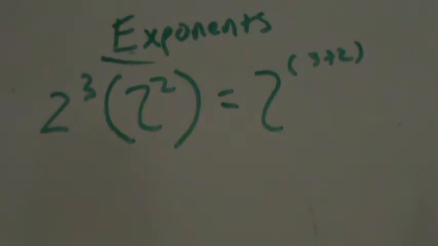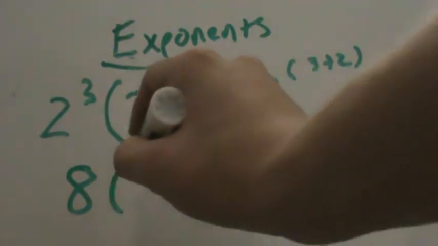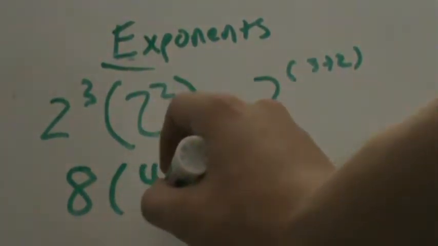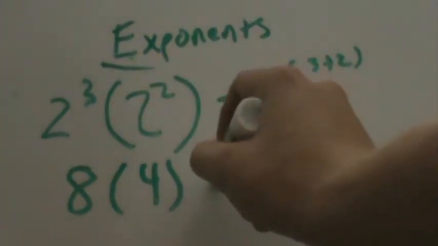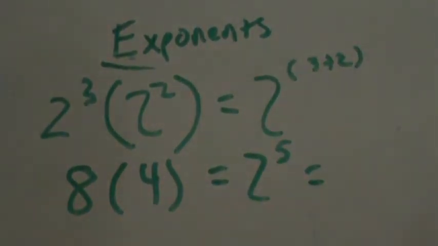Now, why does this work, you might ask? And I'm going to prove this to you. We know that 2 to the third is 8, and we know that 2 to the second is 4. So this is 32 right here. And we just said this has to be equal to 2 to the fifth. And what's 2 to the fifth equal? That's equal to 32.